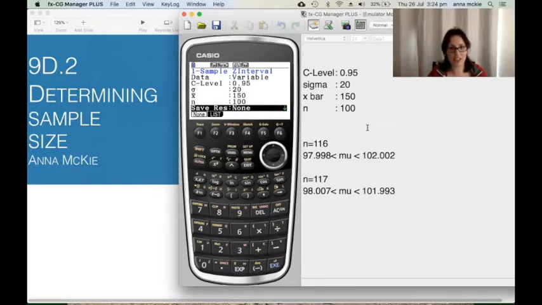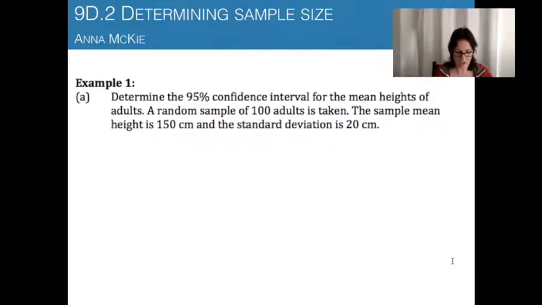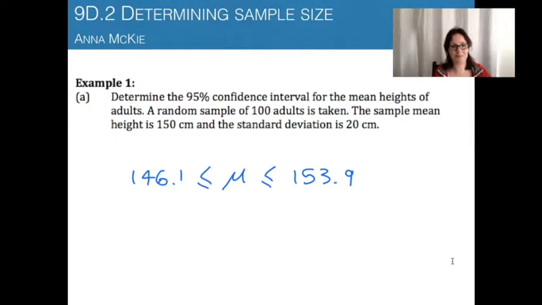And see what that calculates to be. 146.08 and 153.92. I'll write that on the other screen. So we were asked to determine the 95% confidence interval for the mean heights of adults, and I'm going 146.1 and 153.9. In the middle we put mu, not X bar, and you can have less than or equal to.